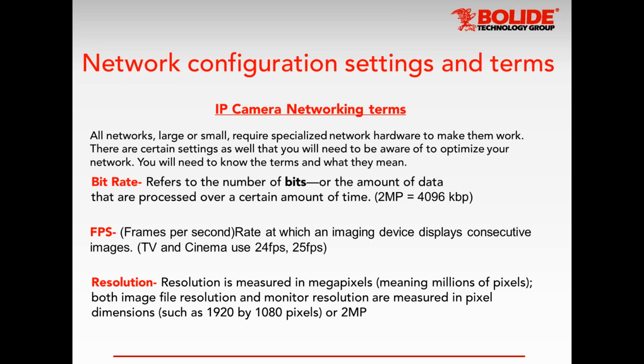Mike, why is bitrate a significant part of IP surveillance? Well, it's real important, Ken, because just because you have your camera at 2 megs, now we know how much data is going to transmit, but if you lower that, you're still able to get the 2 megs at a lower rate. It's going to affect, of course, the picture. But these are certain things that we're going to go through and let you know how to adjust to optimize your recording time, your image, and what's going to suit the customer.